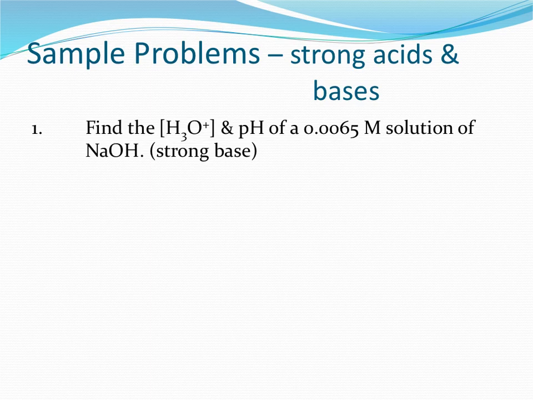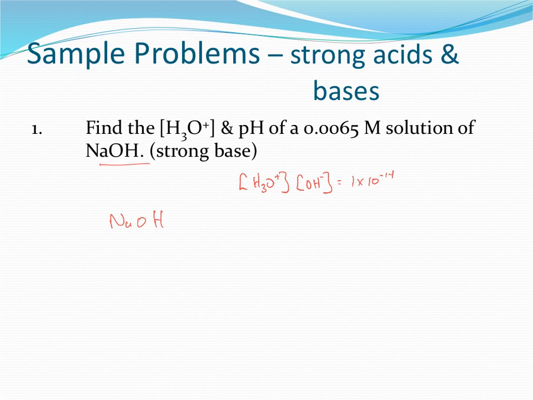Okay, so in order to do this, what we have to remember is that the concentration of the hydronium ion times the concentration of the hydroxide ion is equal to 1 times 10 to the negative 14.